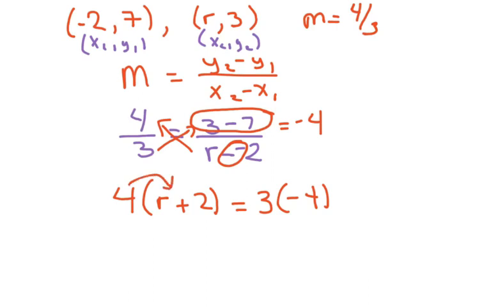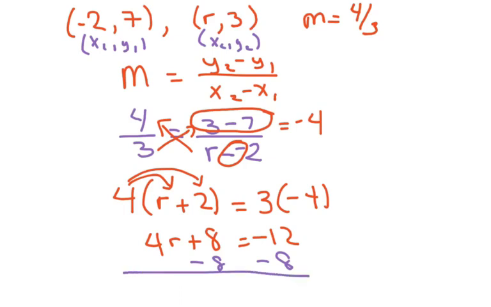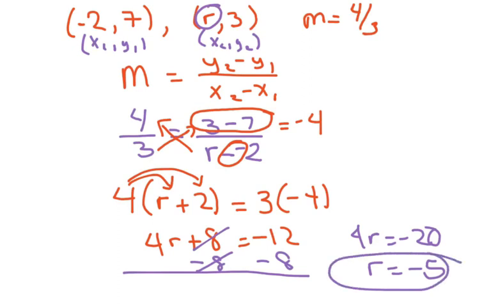And distribute: 4r plus 8 equals negative 12. And then you simplify by subtracting 8 from both sides, PEMDAS backwards. And you get 4r equals negative 20. So r equals negative 5. So that's the r we were looking for, and that equals negative 5.